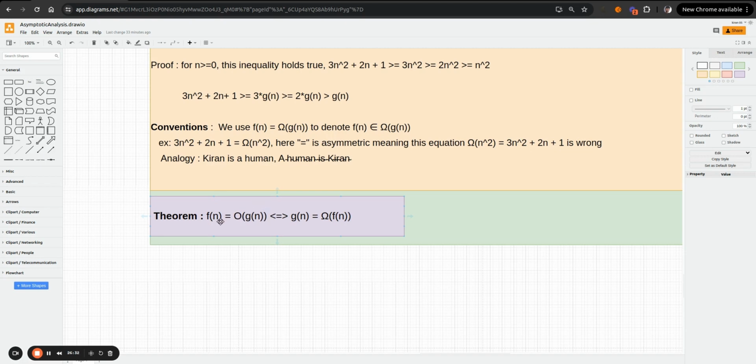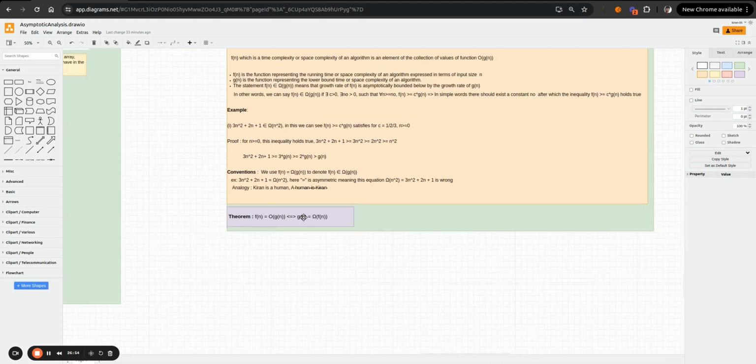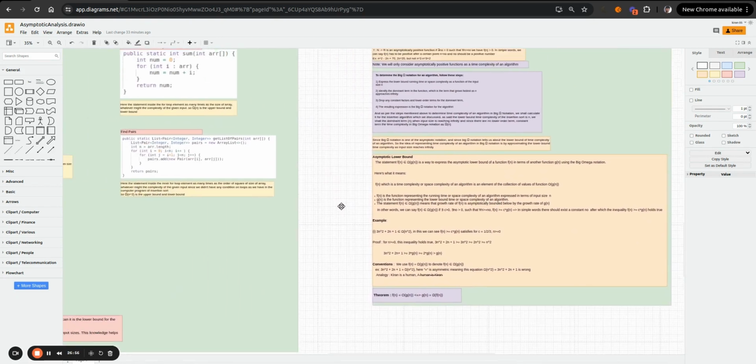Since it is at most that, we can also say that f of n is the lower bound of g of n, and g of n is the upper bound of f of n. So if f of n equals big O of g of n, it also implies that g of n is big omega of f of n. This is one of the theorems which we need to keep a note of.